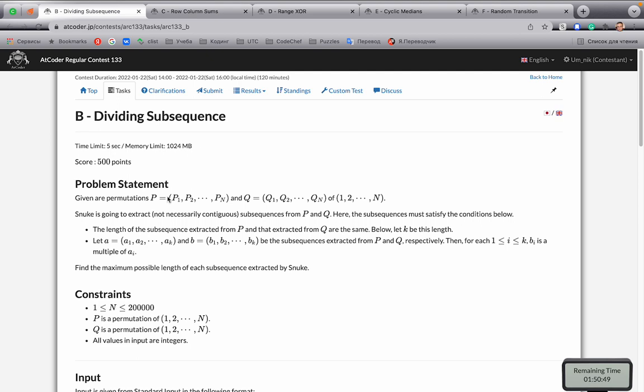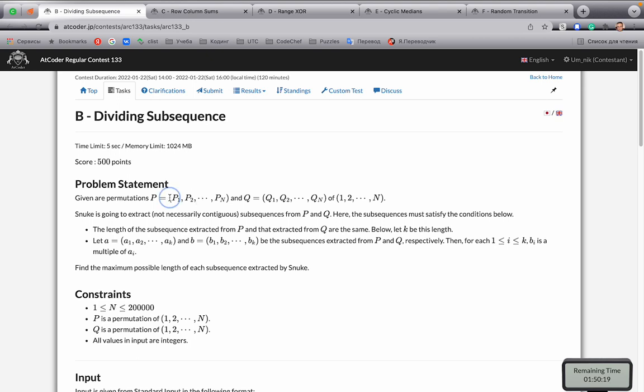So we will iterate left to right, and we will store dp values for each of these positions in a segment tree, and when we are going to the next element we will iterate over all the elements that are multiples of it and try to make transitions, taking these two elements as the next.